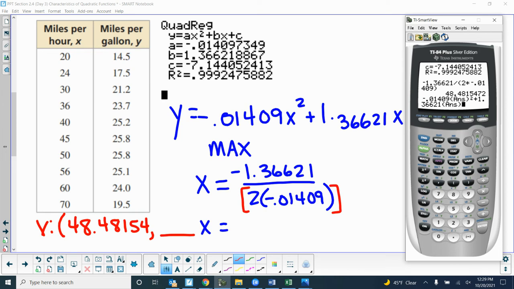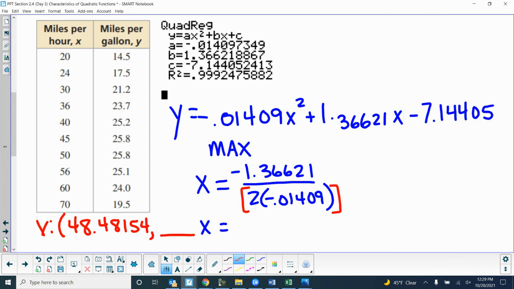And then minus 7.14405. 25.97. I'll just put it here. That goes right there for my vertex.